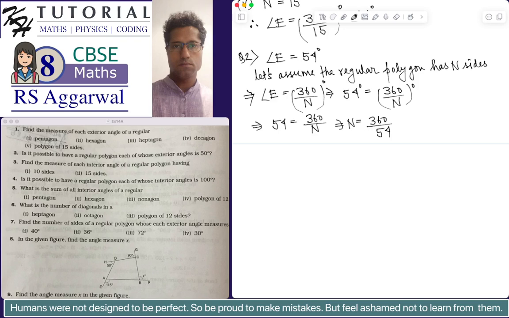Now n is the number of sides, it is a natural number, it cannot be a fraction, and of course n has to be greater than or equal to 3, since we know that the minimum number of sides for a regular polygon or even a polygon is 3. Now what is 360 by 54?